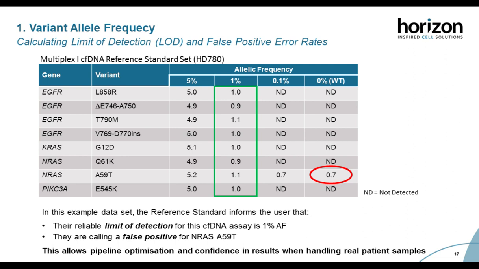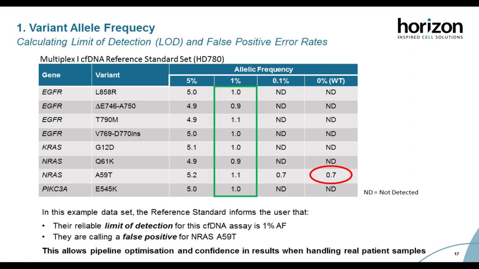In this example dataset, you can see that the lab was able to correctly call all 8 variants at the 1% allele frequency, but was not able to call them at the 0.1%. This informs the lab that their correct limit of detection can be considered as 1% allele frequency.